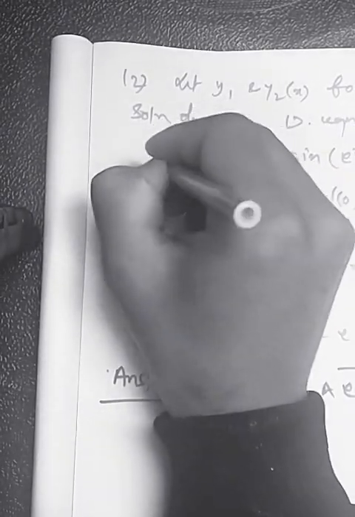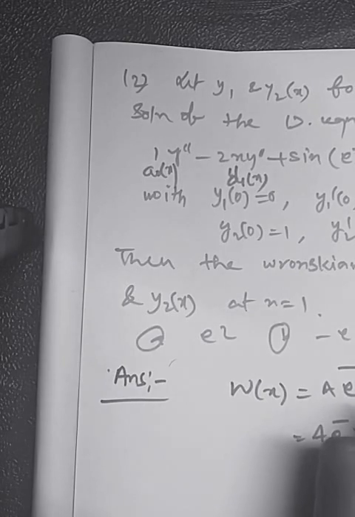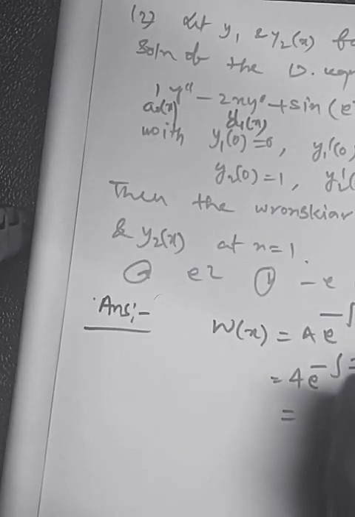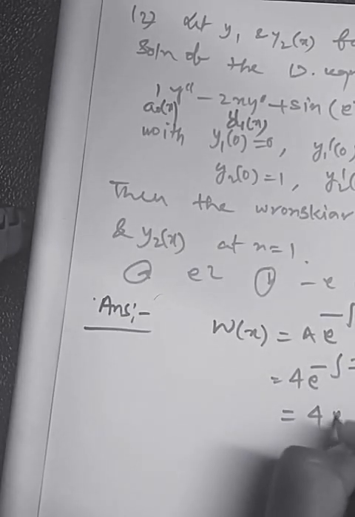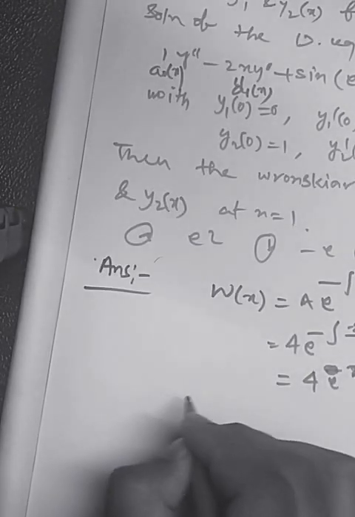So this is a1(x) and this is a0(x). So it is equal to e to the power minus the integral of minus 2x dx, which gives e to the power x square.